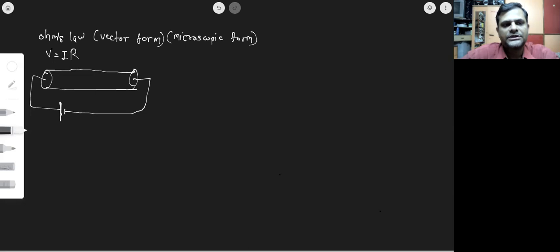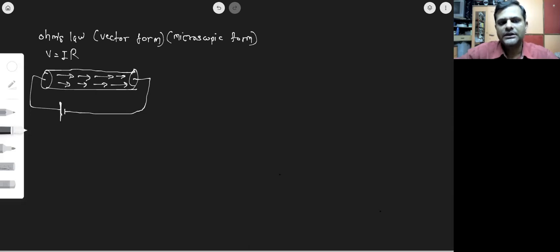So because of this potential difference between the two endpoints, some electric field or electric intensity is produced in the space between the two endpoints of this conductor, which is directed from the positive terminal to the negative terminal. We can show this electric field in this direction by these arrows.